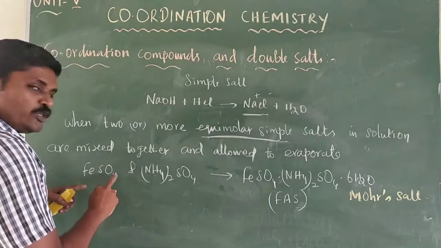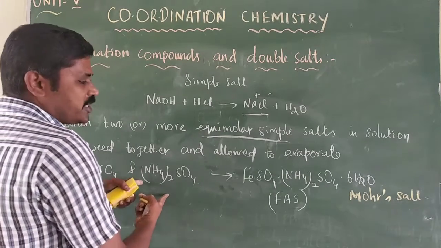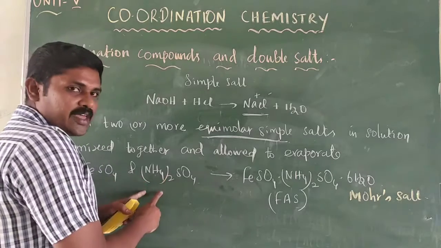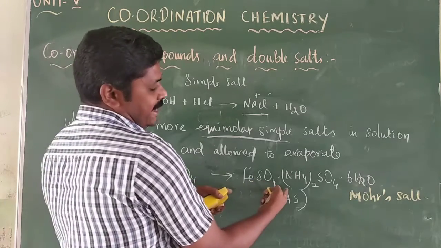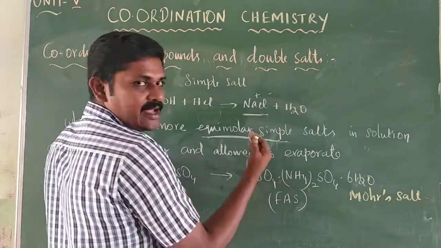The equimolar solutions of two simple salts, ferrous sulfate and ammonium sulfate, are mixed together and allowed to crystallize to give Mohr's salt. So Mohr's salt is a double salt.